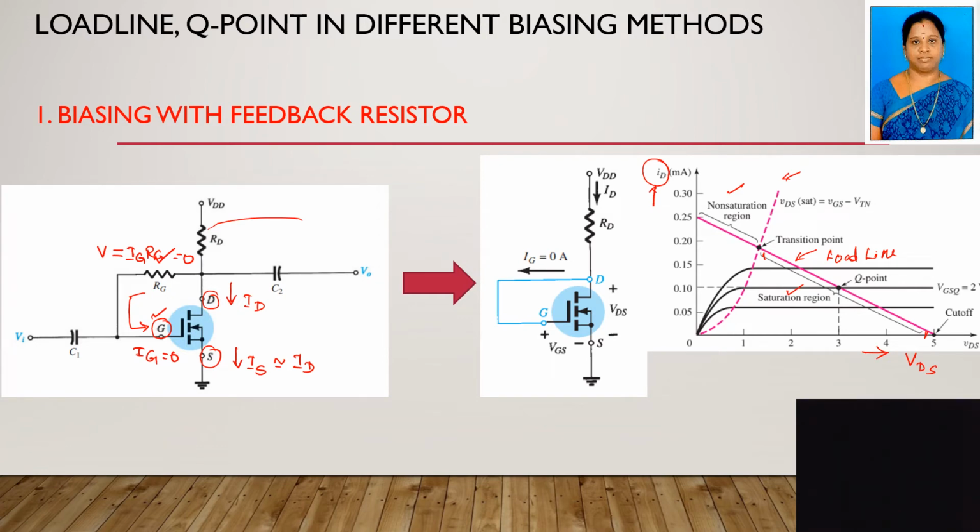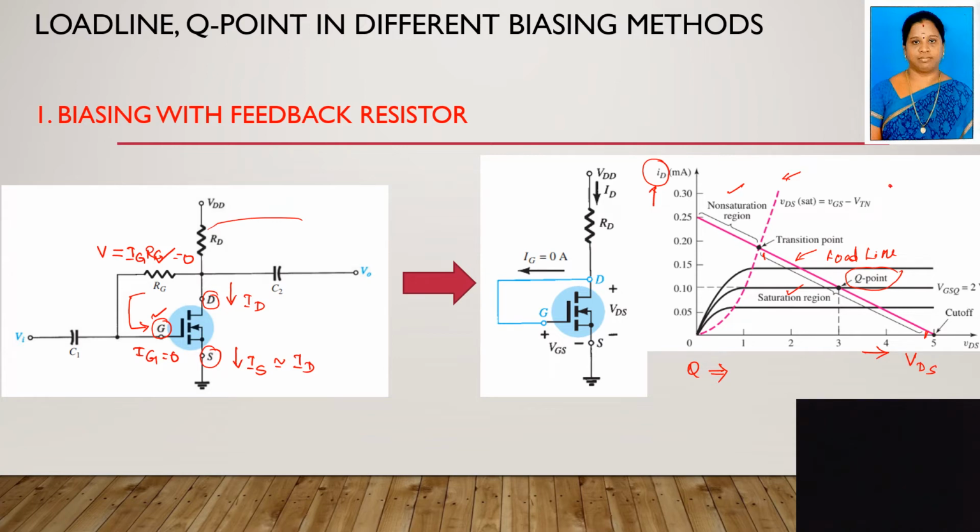The Q point will give you two values. It is two-dimensional: in the x-axis we have VDS, in the y-axis we have ID.